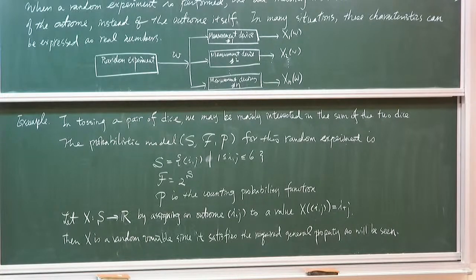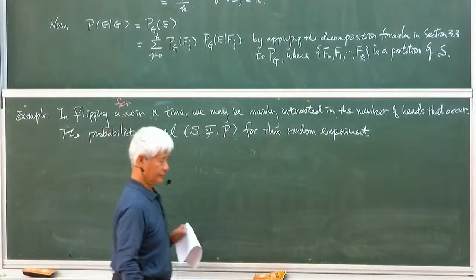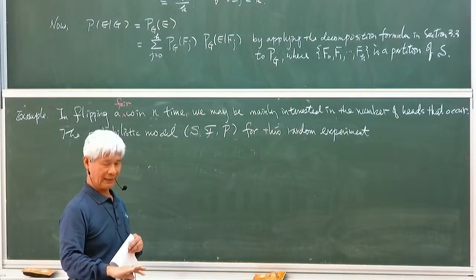All right, now the probabilistic model (S, F, P) for this running experiment, maybe I say a fair coin, which means that a coin will result in a head or a tail with equal probability.